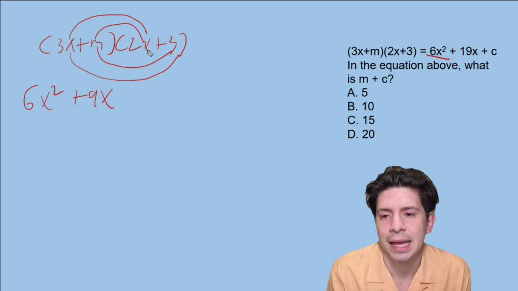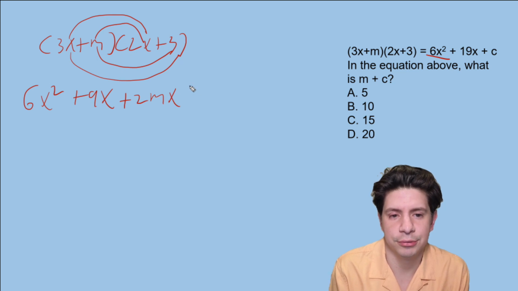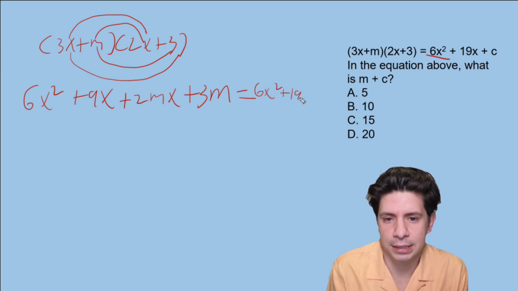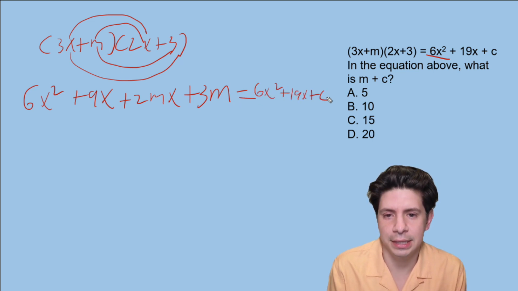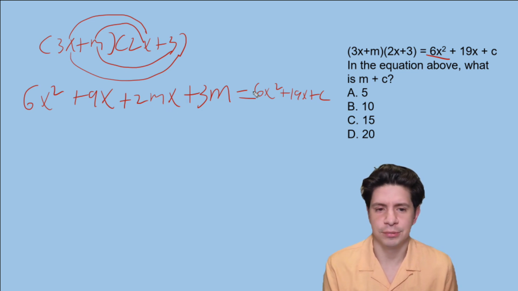Anyway, then m times 2x is 2mx, and then m times 3 is 3m, right? And this equals 6x² + 19x + c. And you're like, well, Sebastian, we have 3 variables and we don't know what to do with them.